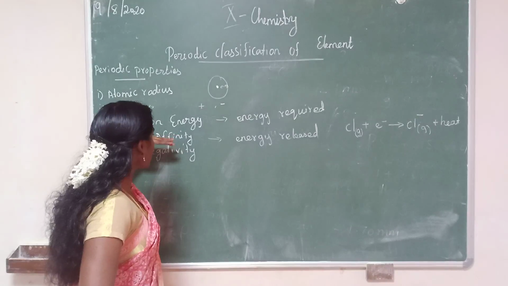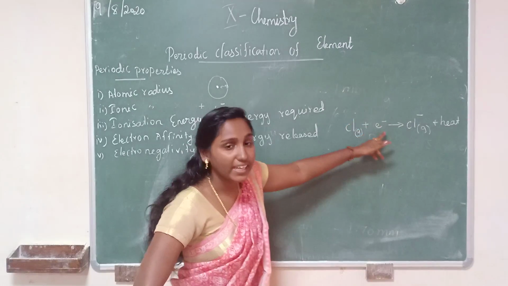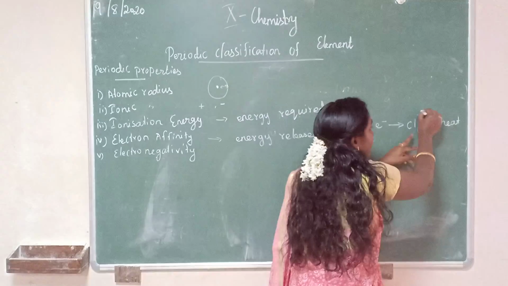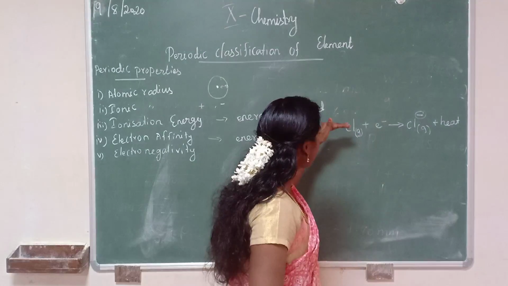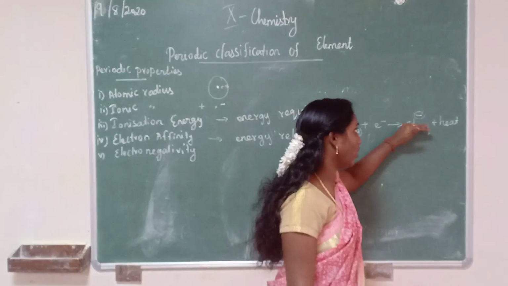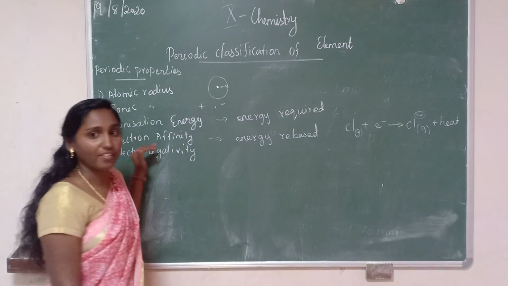Under this topic, when a gaseous molecule gains one electron to form an anion, anion means negative charge, and releases heat, that is called electron affinity.